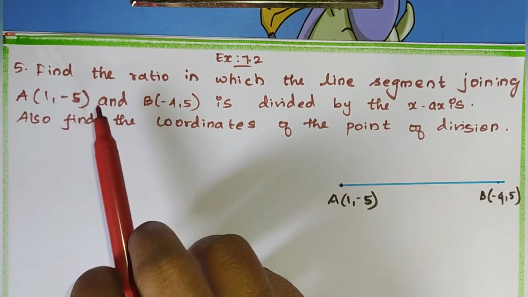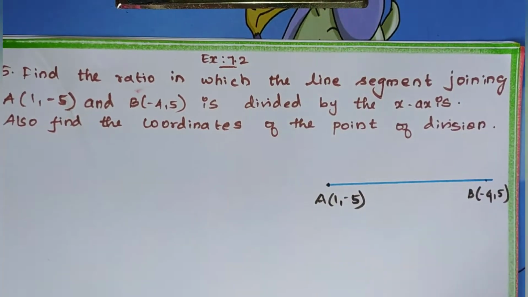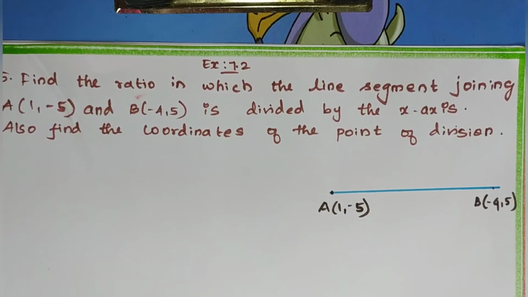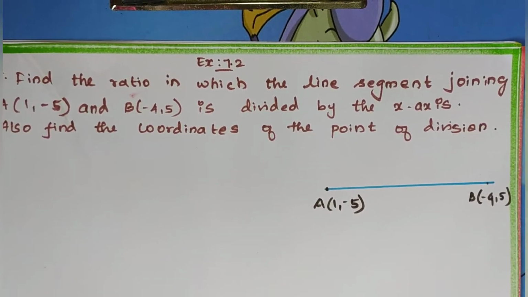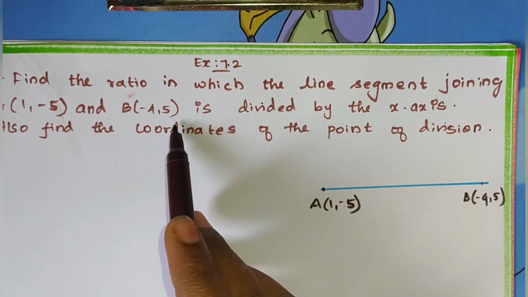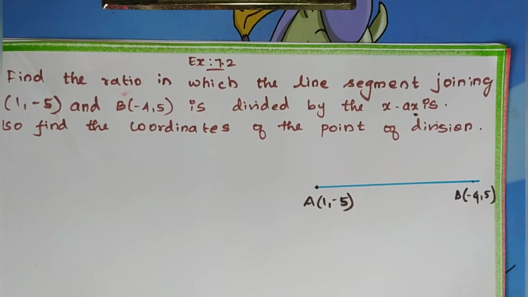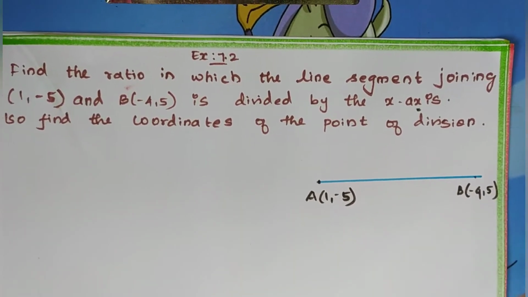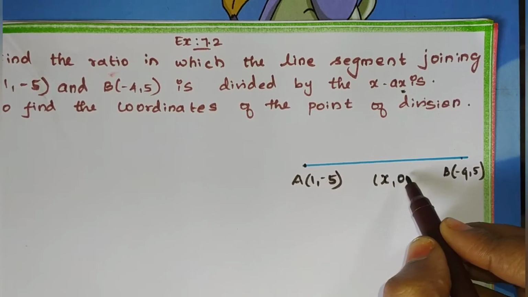First, 5th problem. Find the ratio in which the line segment joining points A (1, -5) and B (-4, 5) is divided by the x-axis. X-axis point means that point must be (x, 0).